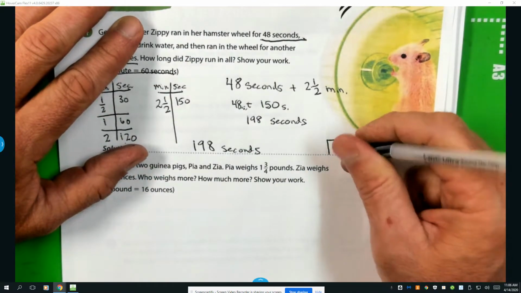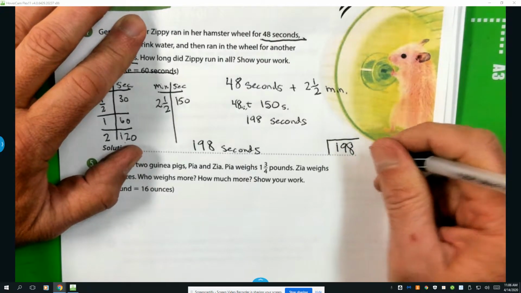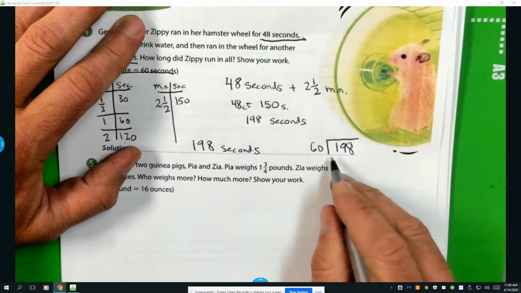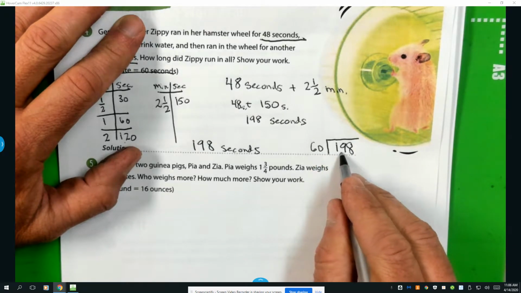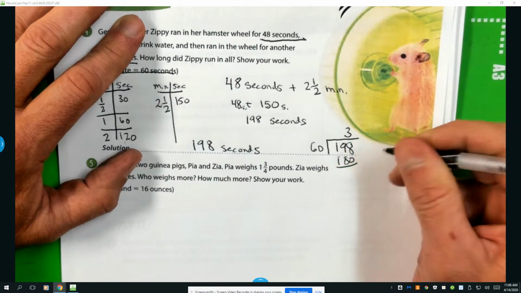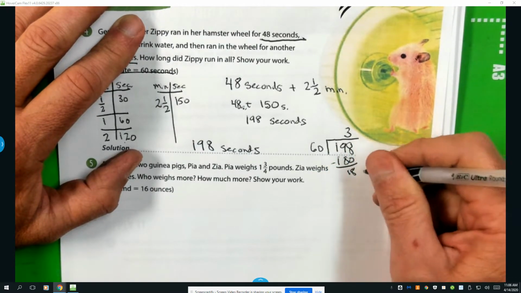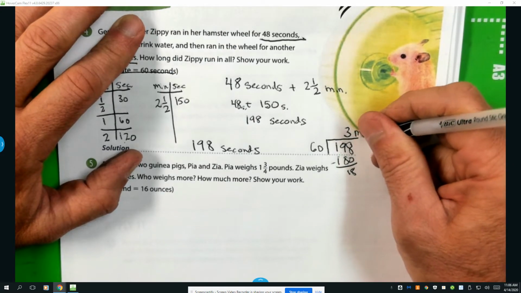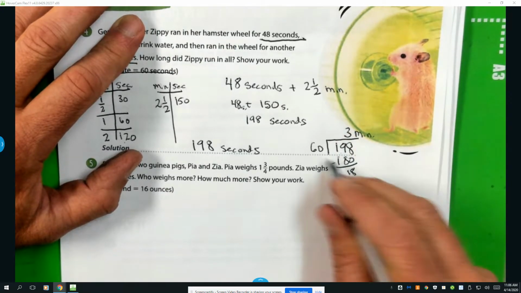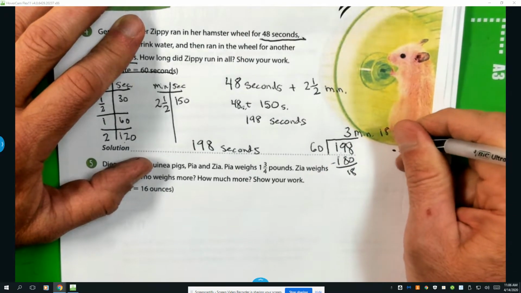So 198 divided by 60. I know that 60 goes into 198 3 times. That's going to be 180, and that's going to leave me with 18 seconds. So this is going to be 3 minutes and 18/60ths of a minute, which is 18 seconds.